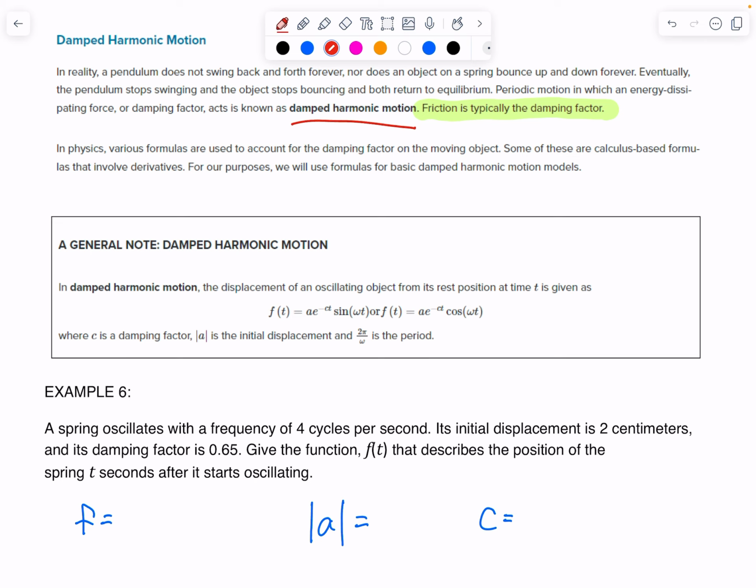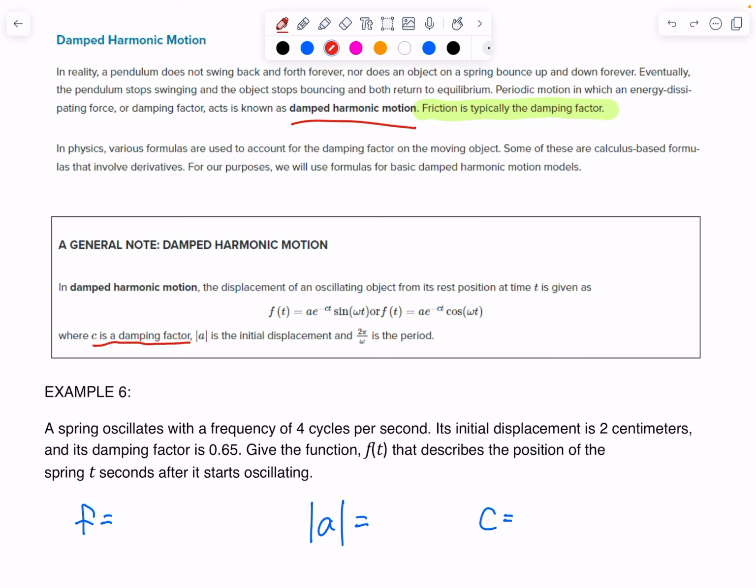So these functions are represented with our e function, e to the negative, and we put some kind of c, the dampening factor. If I take e to some negative number, I flip it over and it's 1 over e to the 5th. Remember, e is just a number, so as that c, the dampening factor, gets bigger, we're multiplying by a smaller number, which is slowing it down faster.